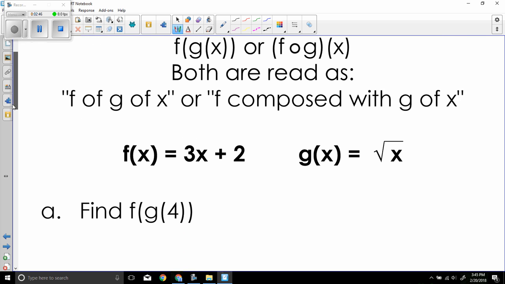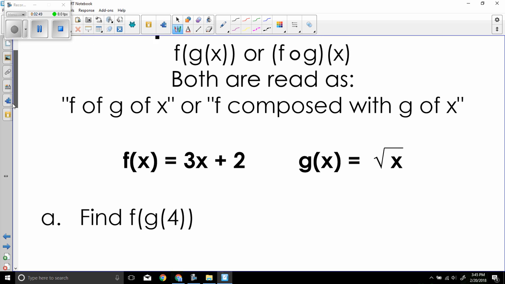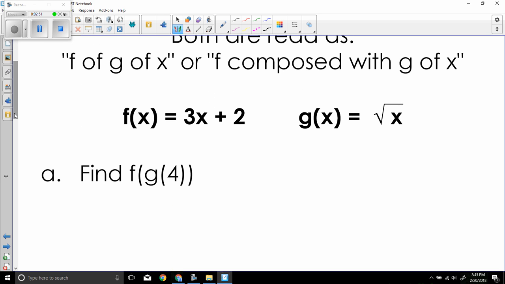Alright, that top spot, you can take your time and read that through if you like. But I want to get down to the nuts and bolts here. I think I'm going to keep with the same color coding that I used in section 8.1, with blue for f and green for g. So here, I'm supposed to take this 4 right here, and first I'm supposed to put that into g.